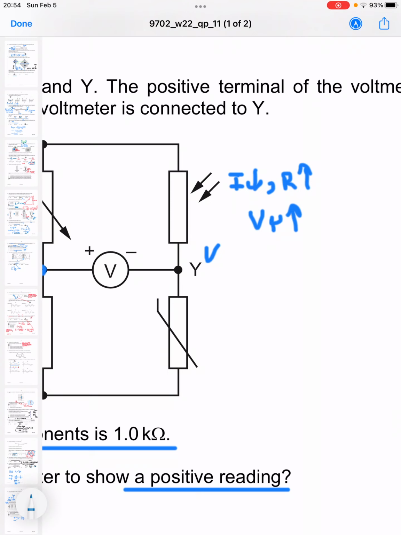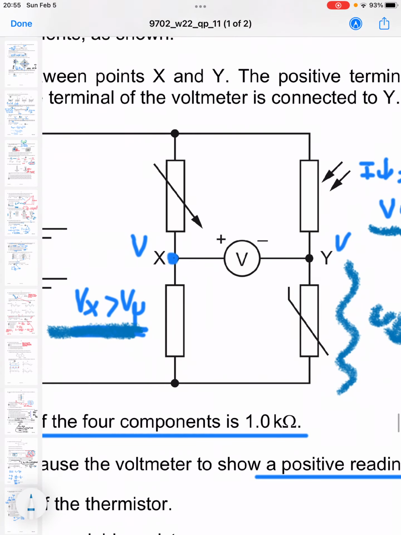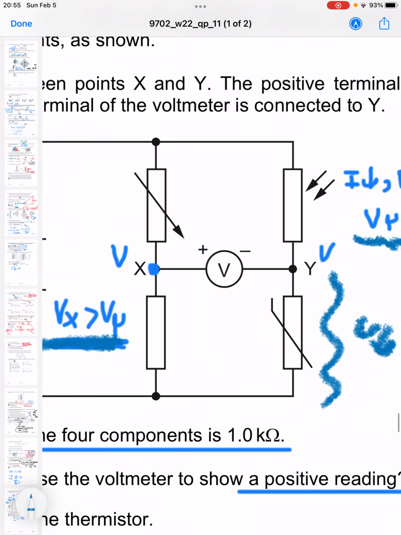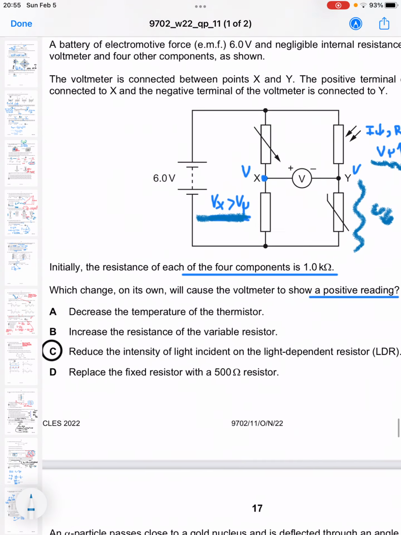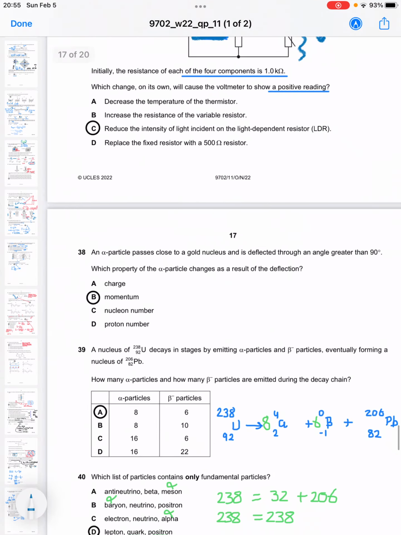When this resistance increases, its voltage would increase, and the voltage across the other resistor would decrease. So the voltage of X would become greater than the voltage of Y. So C is the appropriate answer, which says reduce the intensity of the light incident on the LDR.